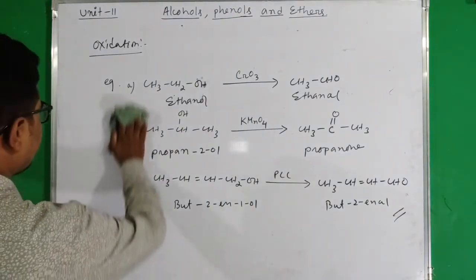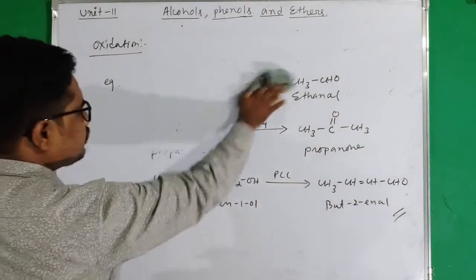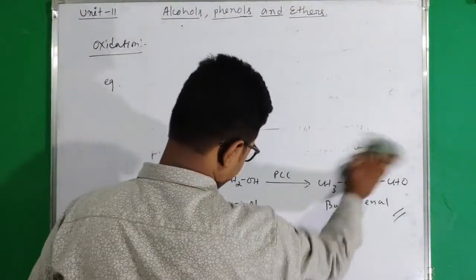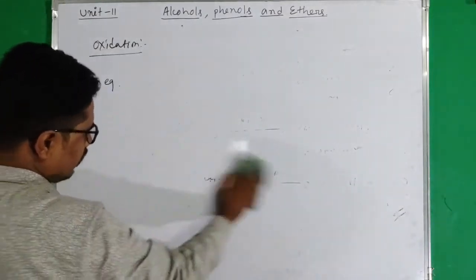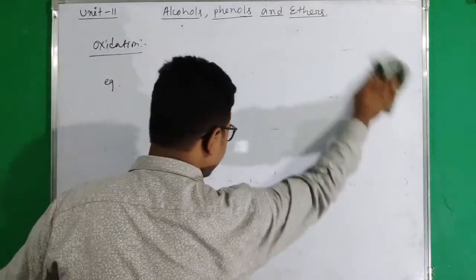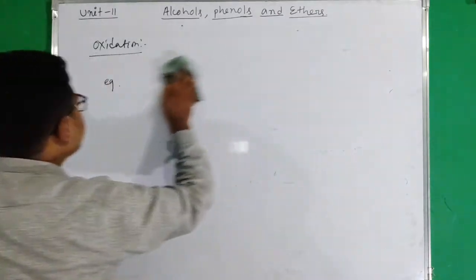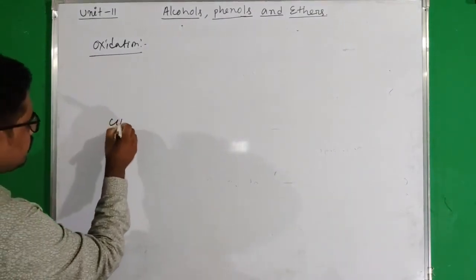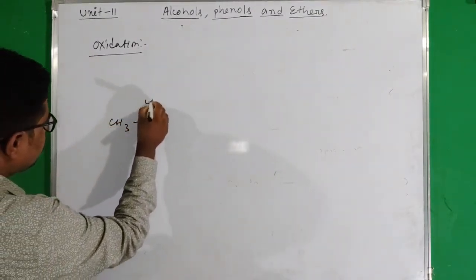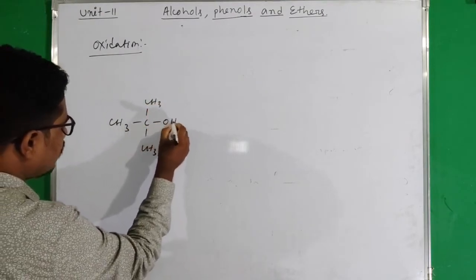oxidation reaction. Now let us consider a tertiary alcohol, and what will happen if tertiary alcohols are oxidized. Okay, suppose this one, CH3C(CH3)(CH3)OH.